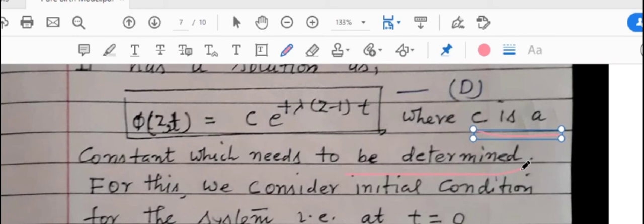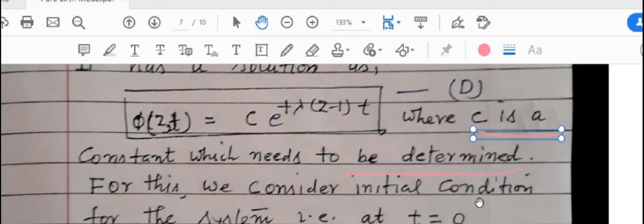You may also remember that for computing such constants we were given the initial boundary value condition.